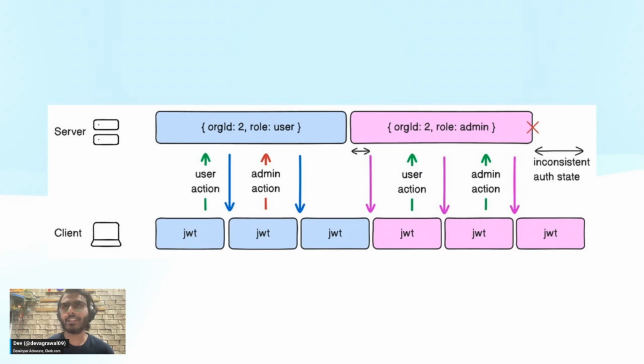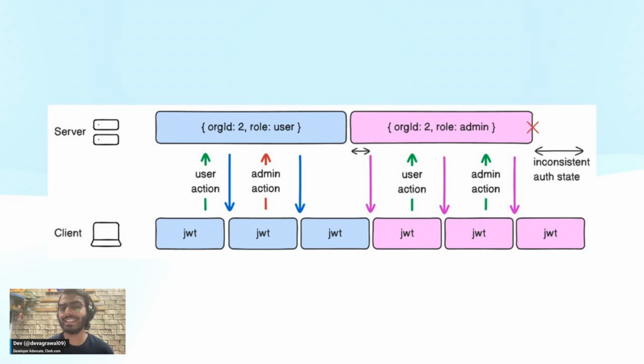I talked about the example of using 60 seconds or 1 minute. This is something that you can change, obviously, however you want. I use the example of 60 seconds because that's what Clerk uses. But the idea of the 60 seconds is that's the maximum possible duration of an inconsistent authenticated state.